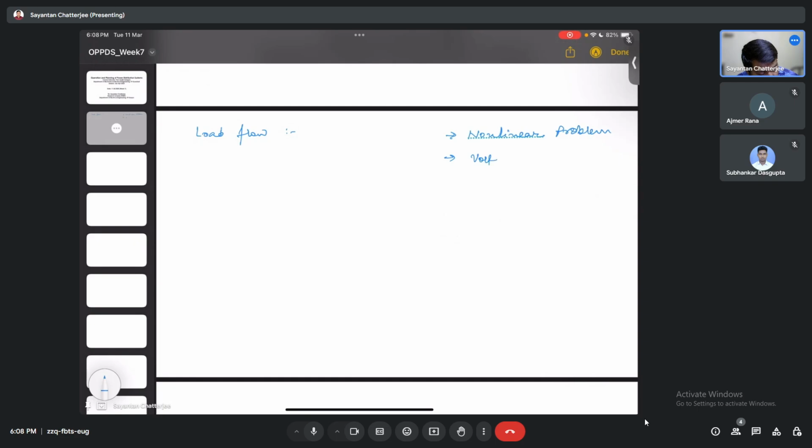Voltage magnitudes and phase angles. These two form the basis of the states; we can consider these two as the states of the entire system in operation.